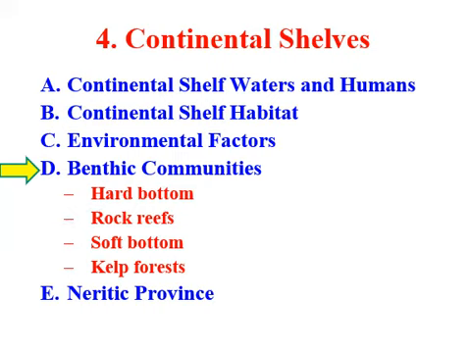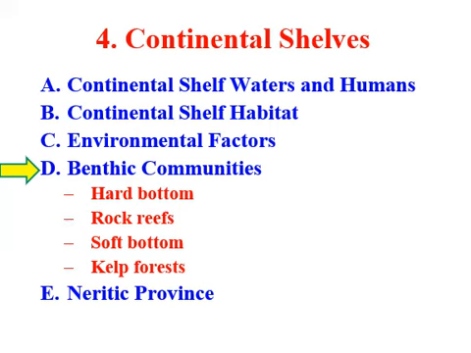Okay, so if you go around, especially the United States, continental shelves, but also continental shelves around the world, you'd find some typical types of communities that are associated with a particular type of bottom, and in some cases a particular type of primary producers.